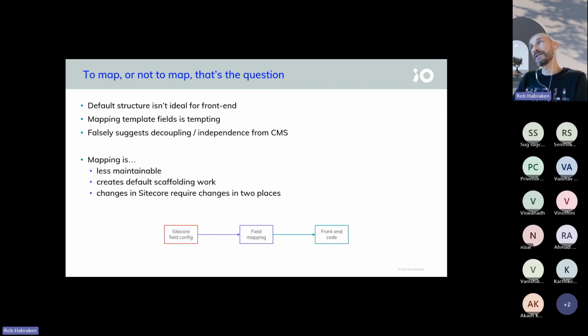So the next thing is, should I map my content structure? And I might need to explain this because I've learned that not everyone is following this very well on what I mean by mapping. Sometimes you have a data structure within Sitecore that doesn't comply with what your front-end developers are actually expecting to get as a data structure, or it simply isn't as clean as they would like.